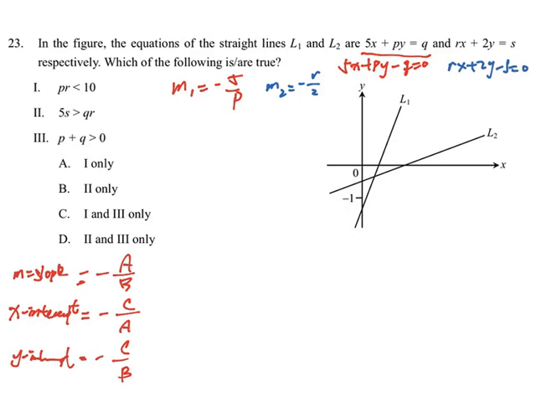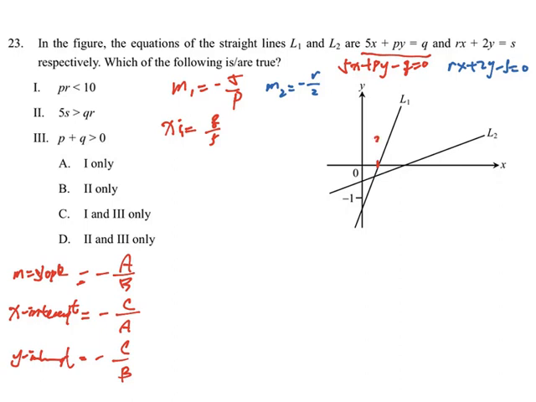Next, we'll consider the x-intercept. For line 1, the x-intercept is negative c over a. So negative c over a is q over 5. X-intercept is here.